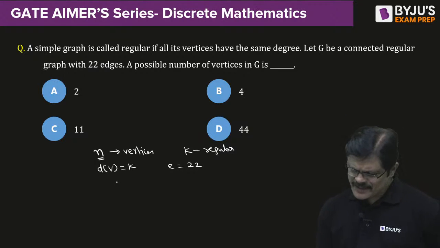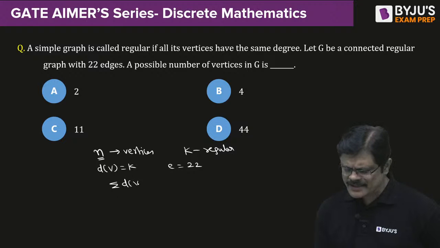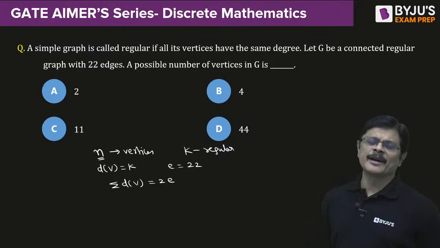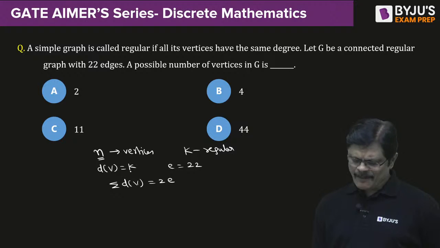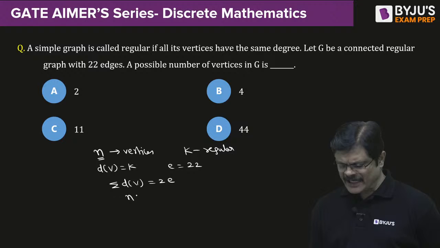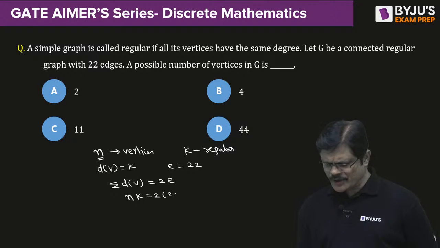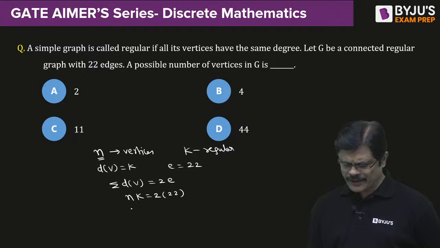That means the sum of degrees of vertices will be twice the number of edges. So it is k plus k plus k, n times, that is nk, which should be equal to twice the number of edges. Edges is 22, so 2 into 22, that is 44. That is, n into k should be 44.